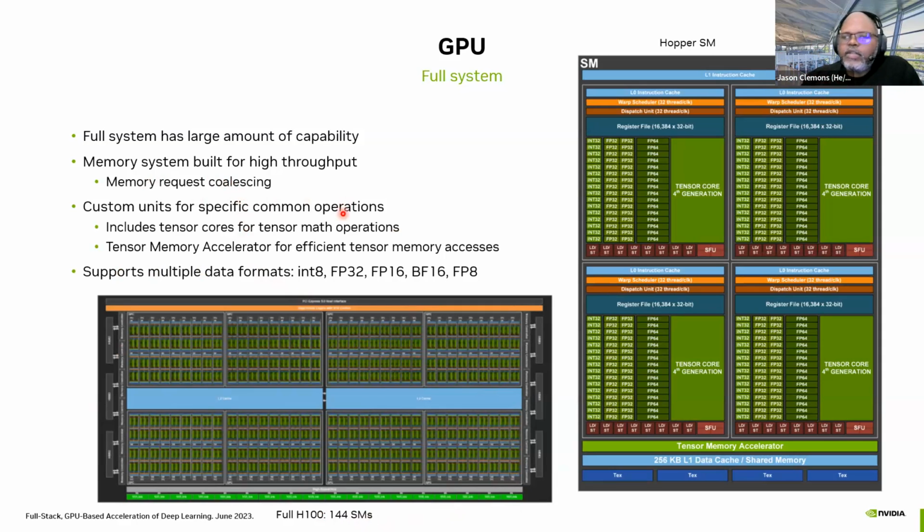The other thing about these GPUs is we have custom units. If you look here to the right, we have this tensor core that does a good job of just doing math operations. We have the tensor memory accelerator. These are custom units that are designed to give us performance for these common operations that are going to be there.